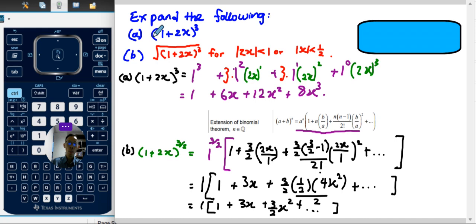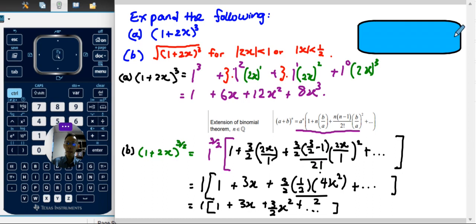And you can see that the blue and the red are very similar, but the second one is the cube of the square root of the first. I also have this particular instruction here. This is just to ensure that I can do the binomial expansion for this. The reason why we have this, we will study later in the Maclaurin series.